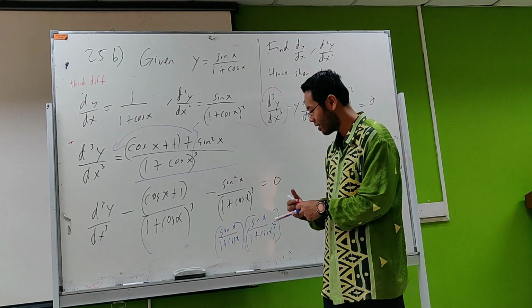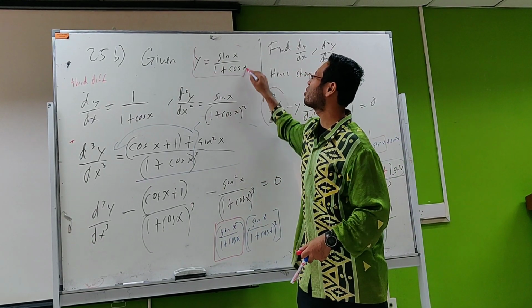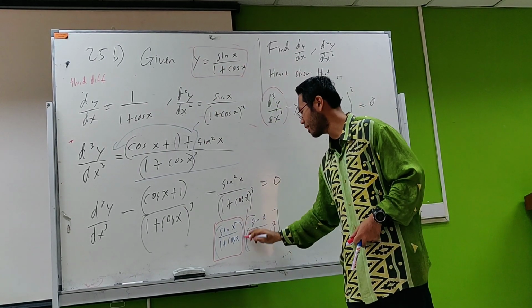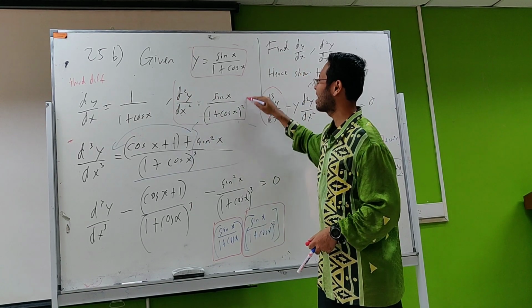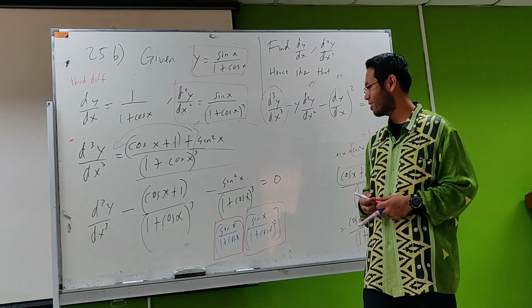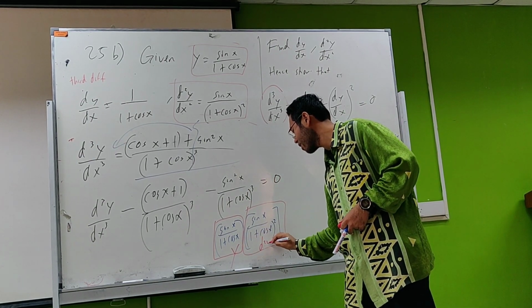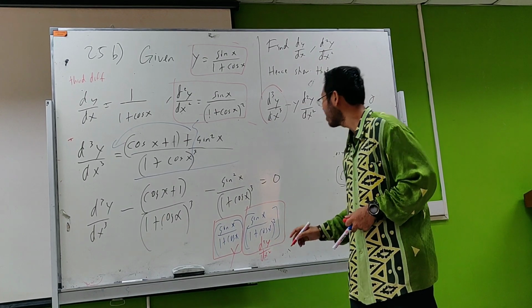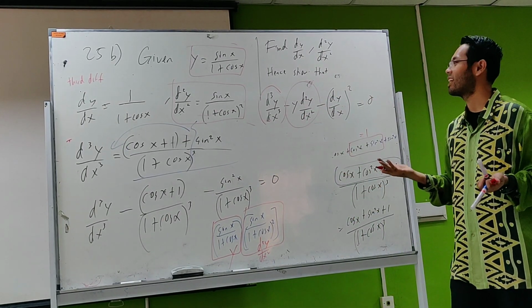And this thing is equal to y. And this thing equals d squared y dx squared. So technically we are done with that. Okay? Life is good.